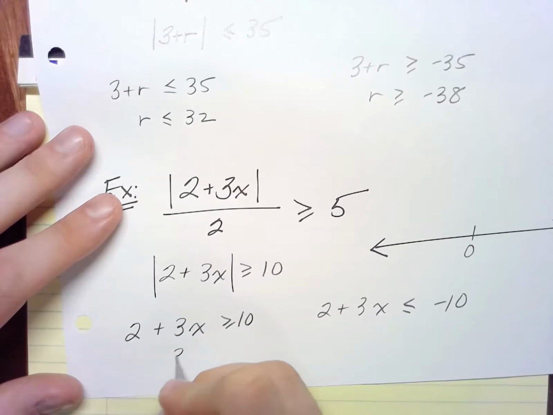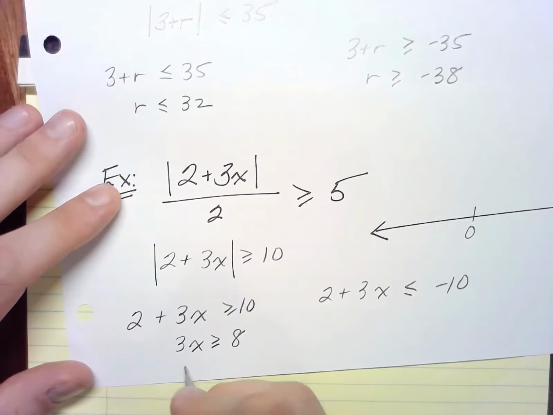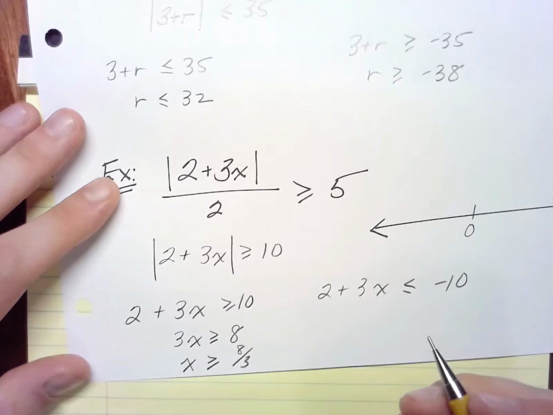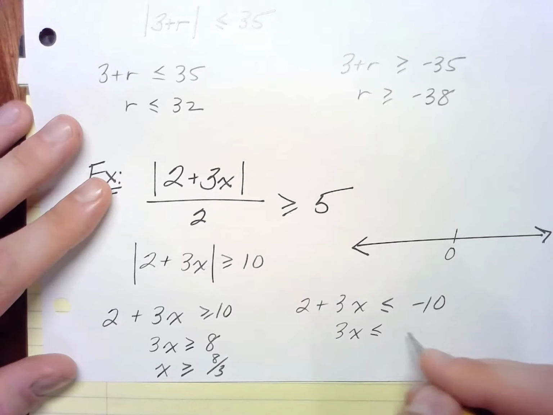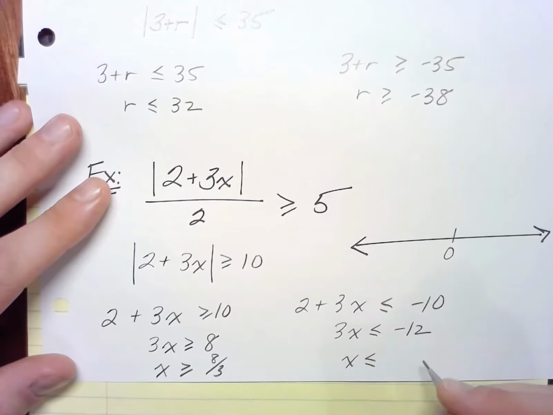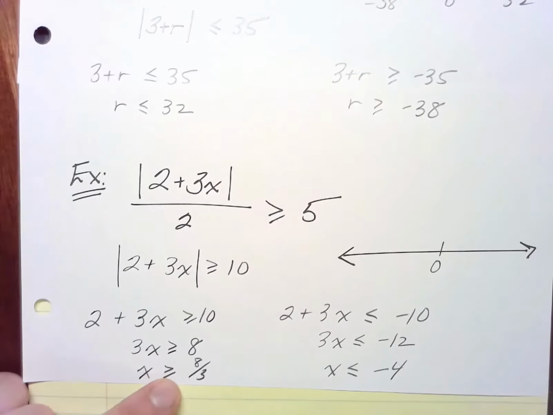So we're subtracting 2, and then dividing by 3. Get 8/3, and then we're subtracting 2 and then dividing by 3. None of this is changing my signs. Dividing by 3, and so x is bigger than 8/3.